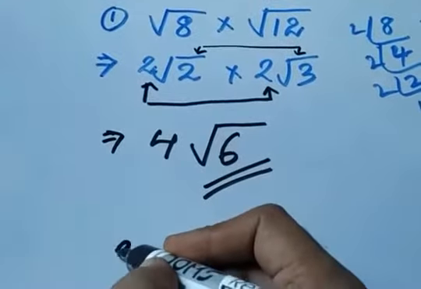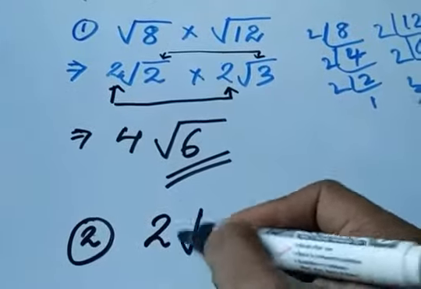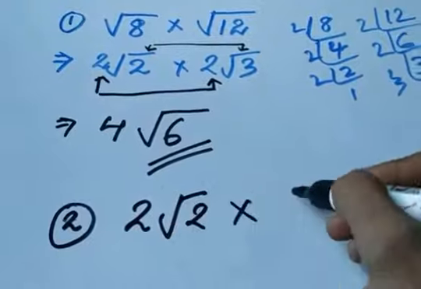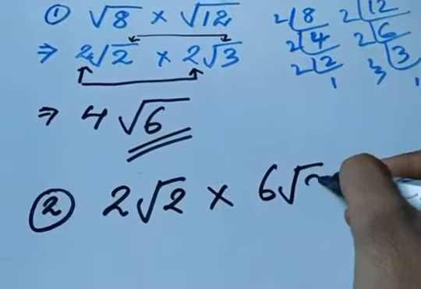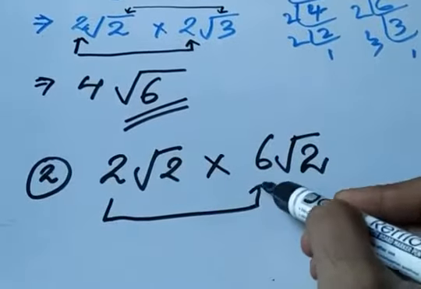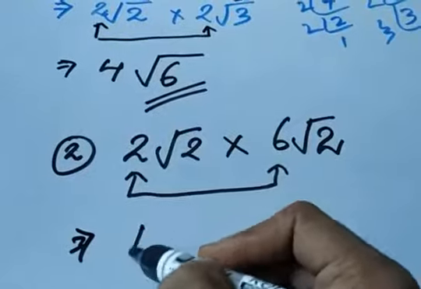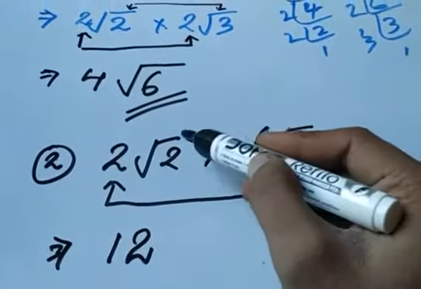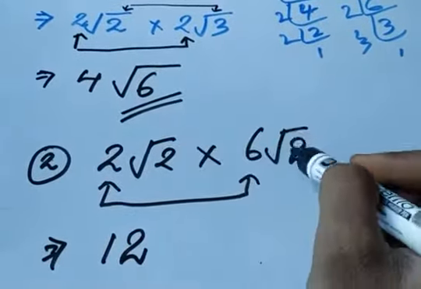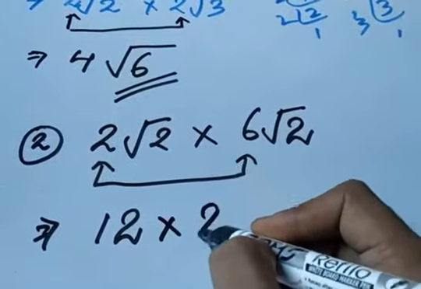Now example 2, to take more examples. Suppose we have the same type: 2 root 2 into 6 root 2. Then we multiply number with the number, which gives 2 times 6 is 12. Both roots are the same, root 2 into root 2. Root 2 into root 2 gives us 2.